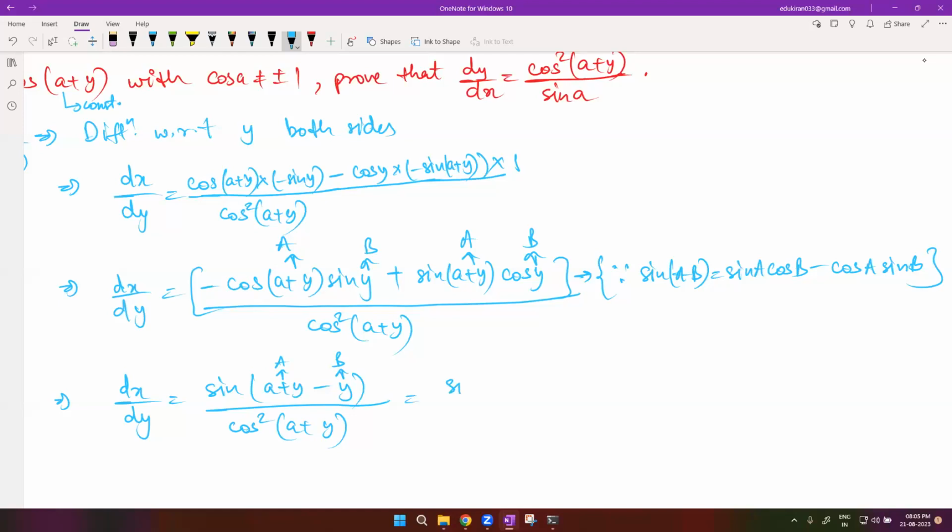So this is sine a divided by cos square a plus y. This is the value of dx by dy. We needed to find dy by dx, which would be the reciprocal of dx by dy. And similarly, the reciprocal of the right hand side also, which is your required answer.